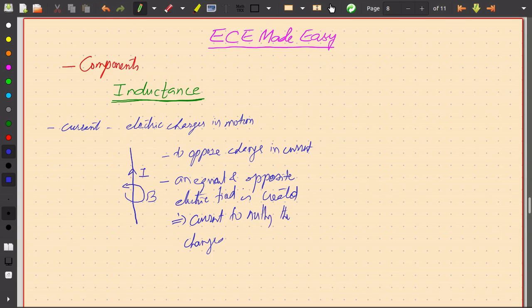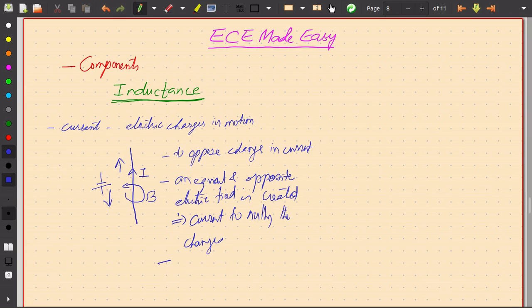Nullifying the change means if the current has increased in this direction, then some electric field is created in this direction that will create a current in the opposite direction, so that the change in the current is nullified by this potential.